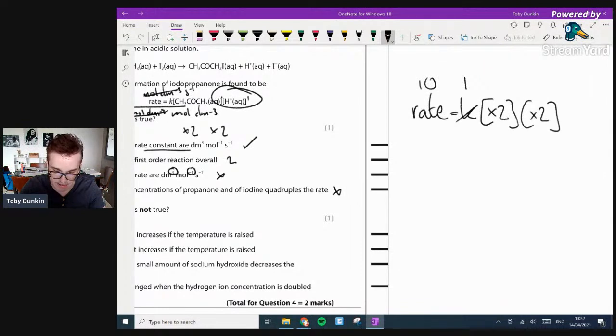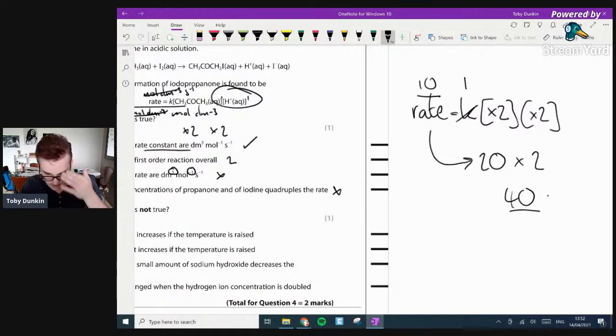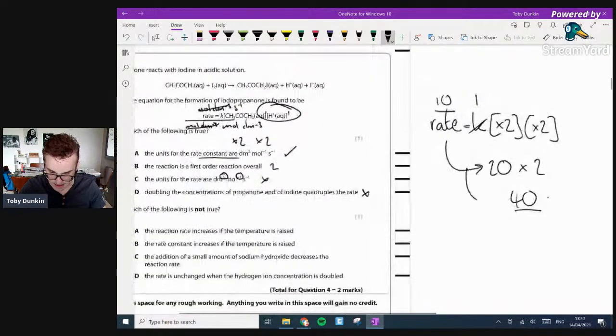If I step it through, the 10 would be doubled by the first one to make 20 because it's first order. Then if you double it again, it would end up being 40. Oh, that suggests it's true. Oh no.